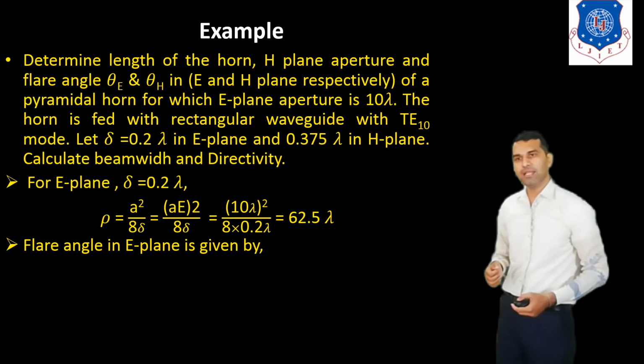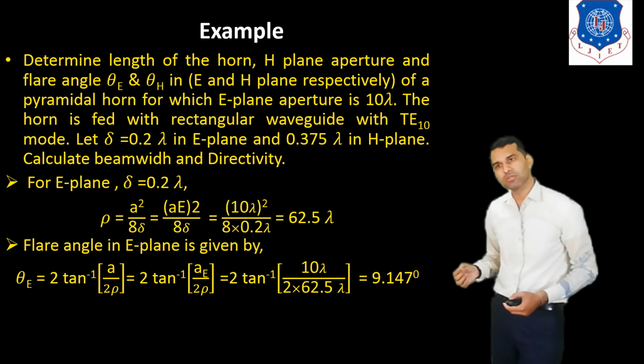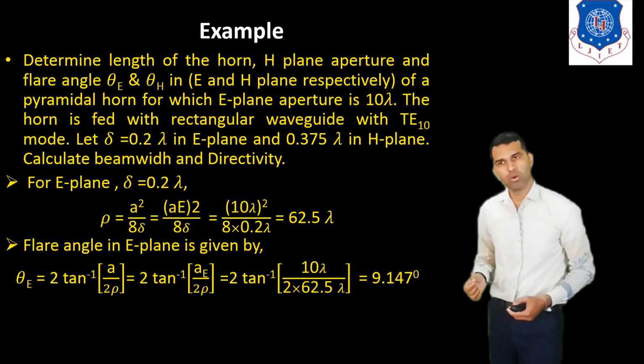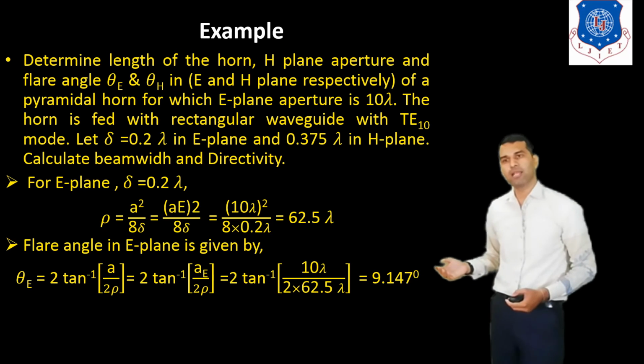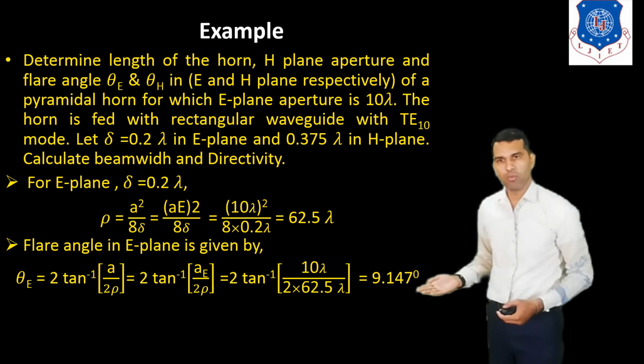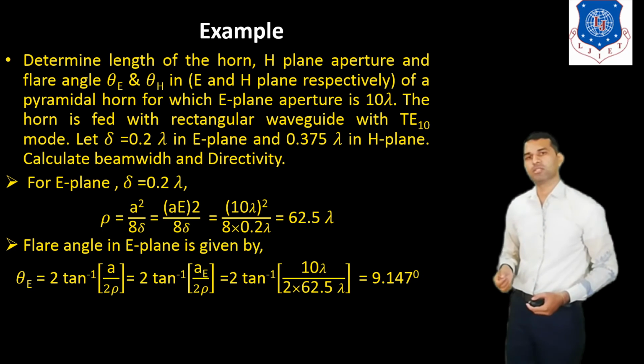Now flare angle in the E-plane is given by theta E is equal to 2 tan inverse (aE upon 2 rho). So putting the value of aE and rho, we get the flare angle in the E-plane as 9.147 degree.